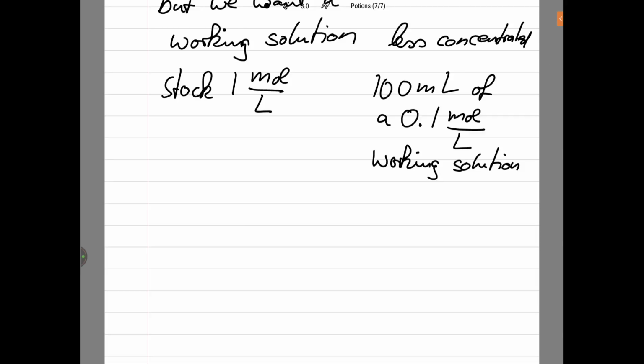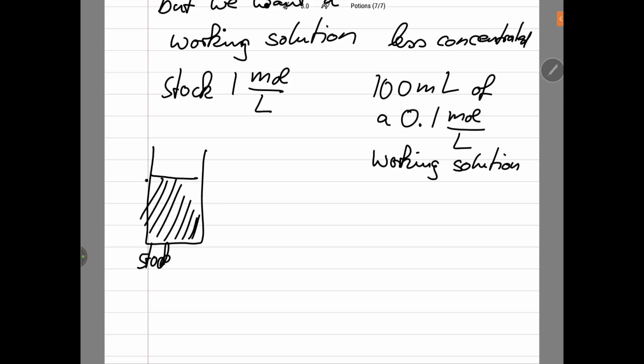How do we have to think about that in the first place? Here's our stock. One mole per liter.